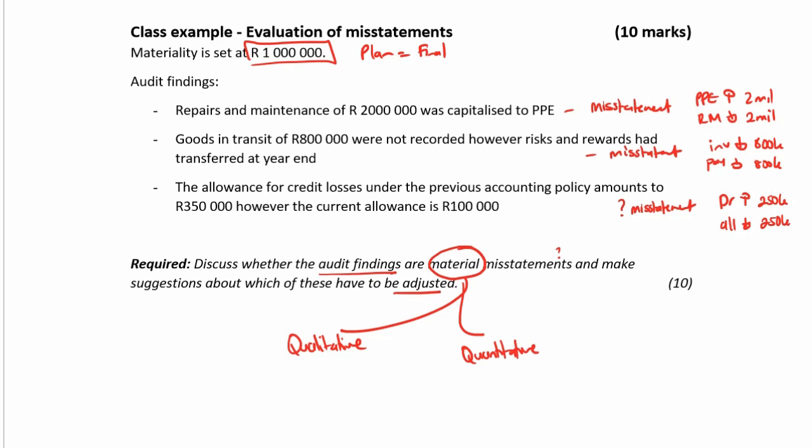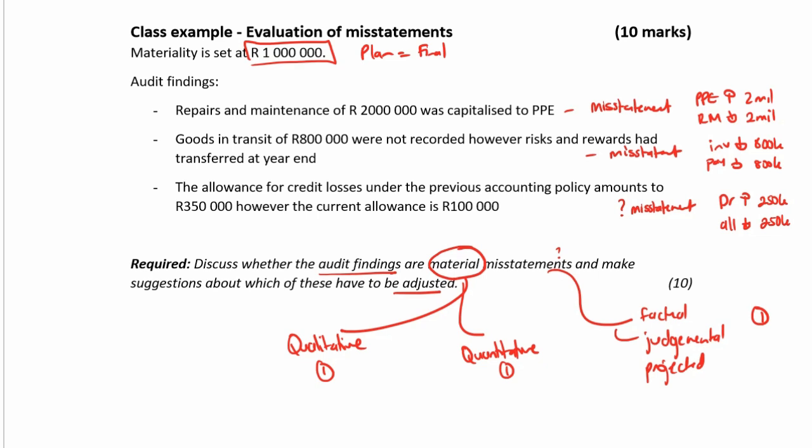And when I get to misstatements, I need to discuss, is it factual, judgmental, or projected? Okay, so already I can start to see, well, for each of these, if I have to discuss all of these elements, I've already got 3 marks.